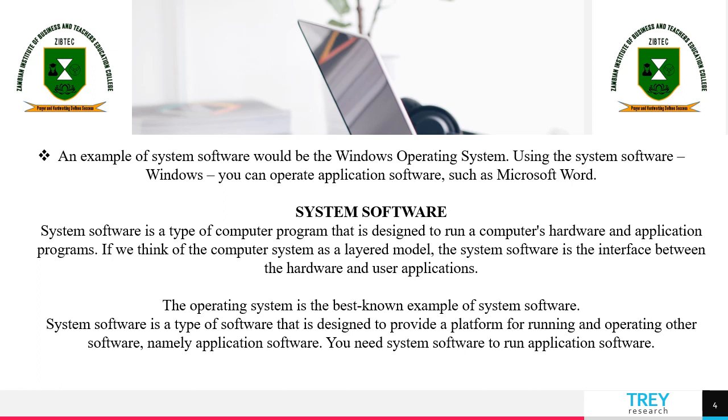Okay, so you need system software to run an application software. This basically shows that it entirely depends on the system software to be able to run, for the user to be able to use it.